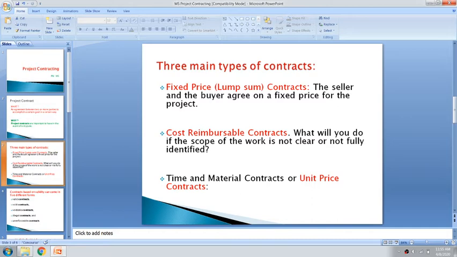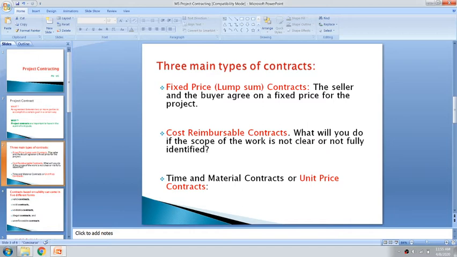We call the first one fixed price. Fixed means lump sum. So the work will be awarded to a contractor for a lump sum amount of money, and when he completes the work, the owner will be handing over the money to the contractor.